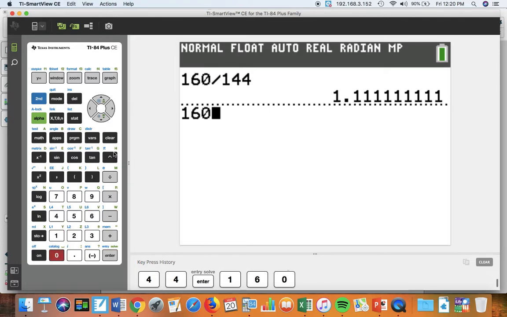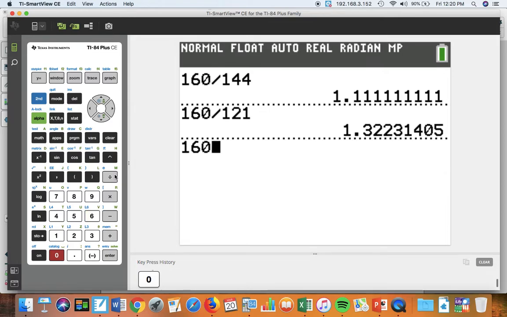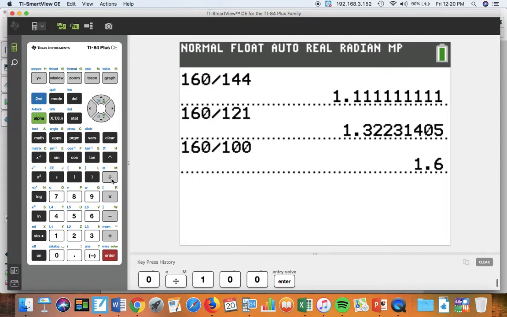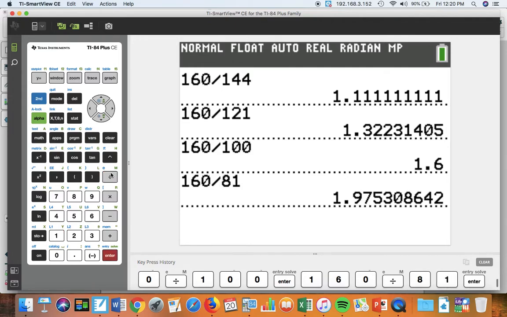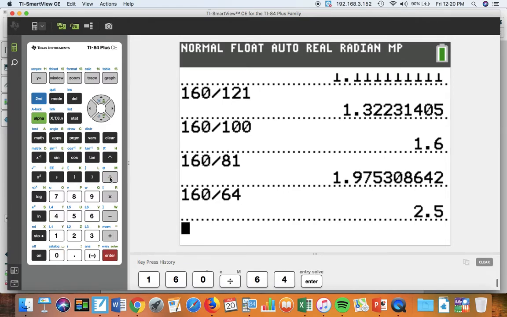So let's do 160 divided by the next perfect square, which was 121. Still does not work. 160 divided by 100. Still does not work. We need a whole number. 160 divided by 81. Doesn't work. And I'm going to keep going.